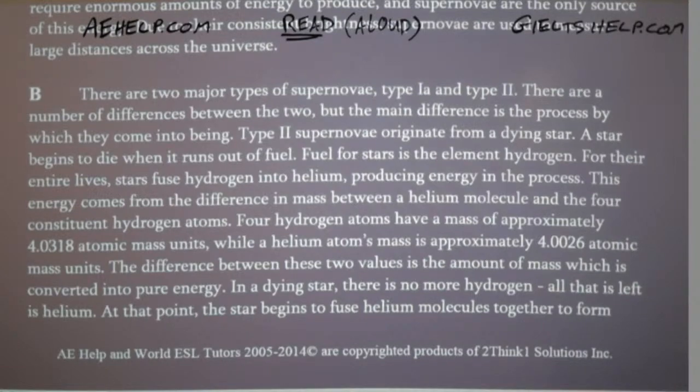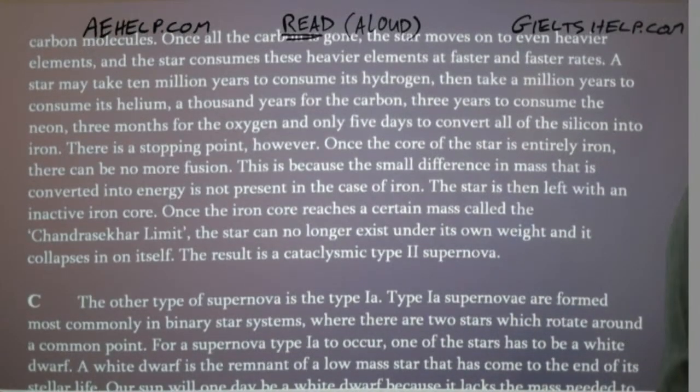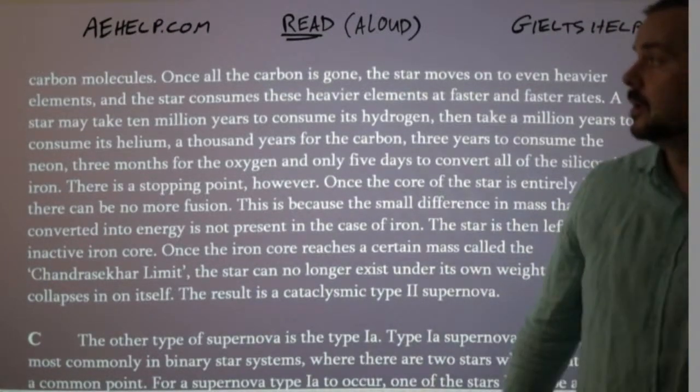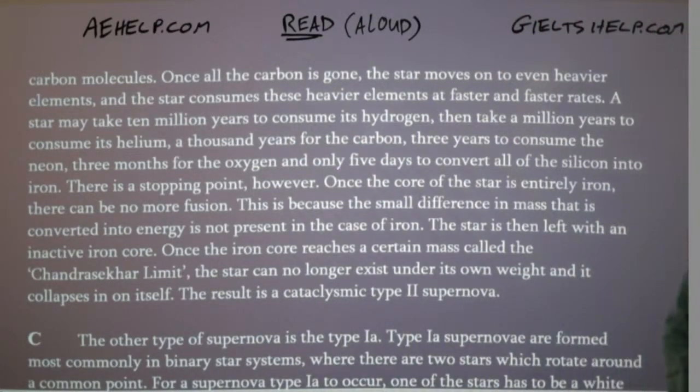In a dying star, there is no more hydrogen. All that is left is helium. At that point, the star begins to fuse helium molecules together to form carbon molecules. Once all the carbon is gone, the star moves on to even heavier elements, and the star consumes these heavier elements at faster and faster rates.